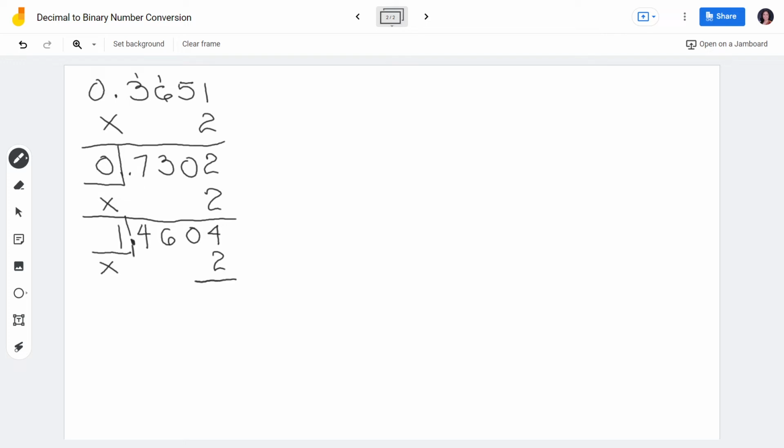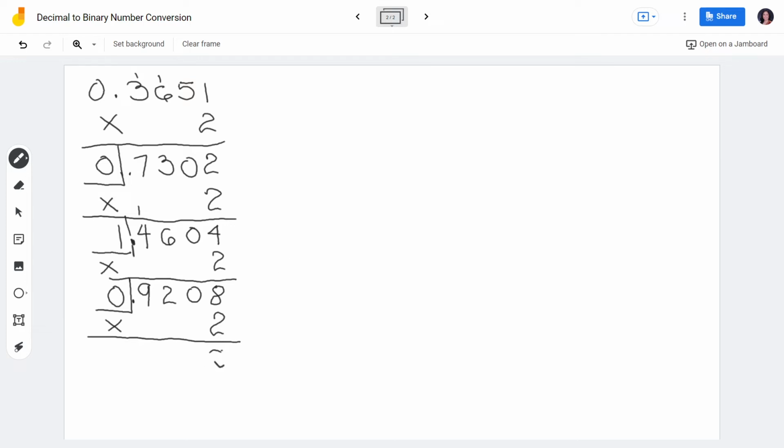Next we multiply by 2 for our third value. So 4 times 2 is 8. And then 2 times 0 is 0. 2 times 6 is 12. Carry 1. 2 times 4 is 8 plus 1 is 9. Since we don't have a value here, let's put 0 again. And then the last one: 8 times 2 is 16.